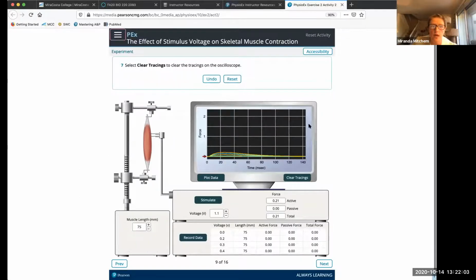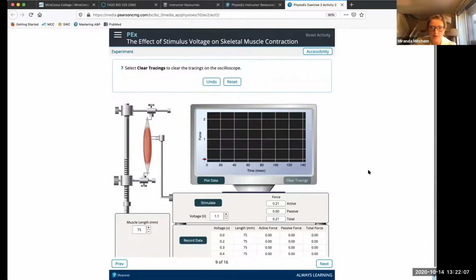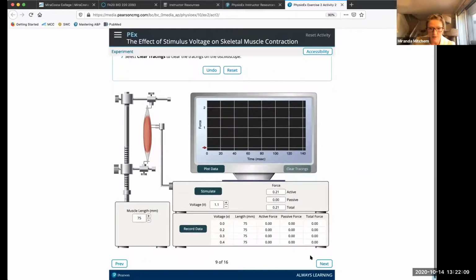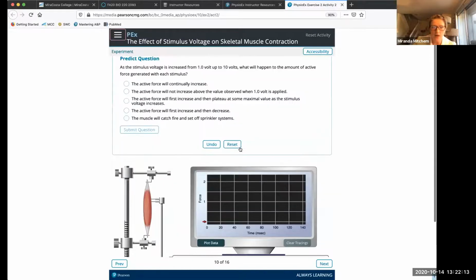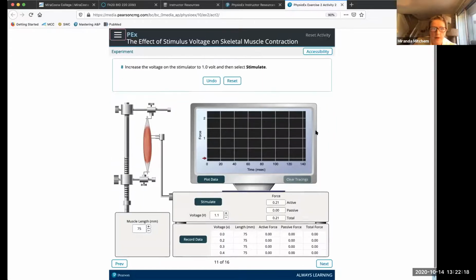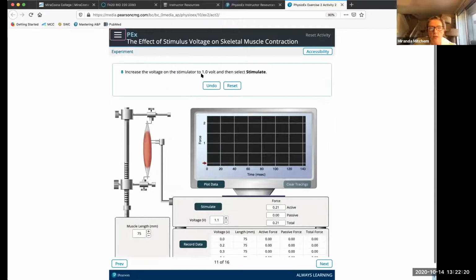We're going to look at another condition. So let's clear these and let's see. Next, okay. Increase the voltage stimulator to 1 volt and hit stimulate.